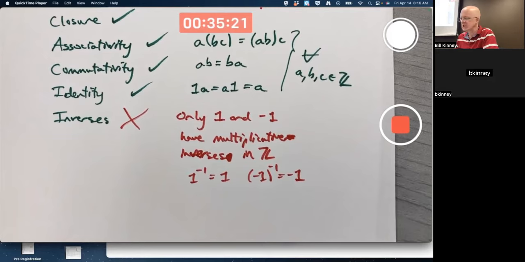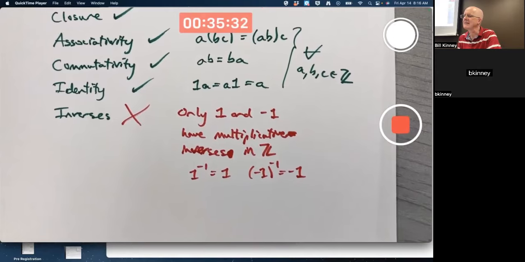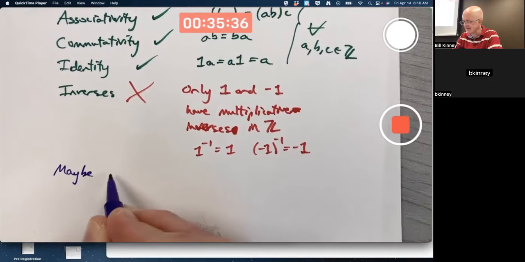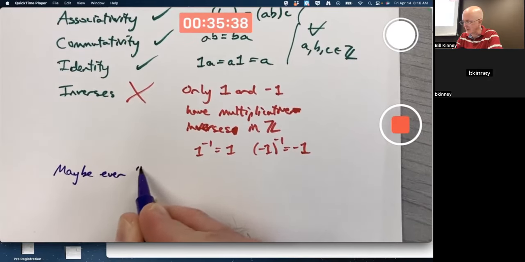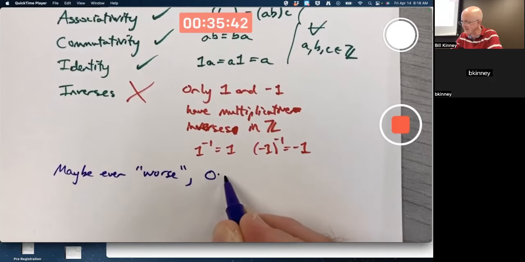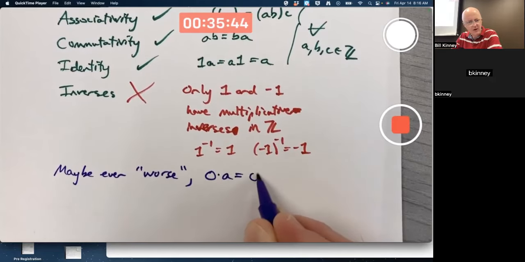Maybe even worse, even quote unquote worse, is that 0 times any integer is 0.